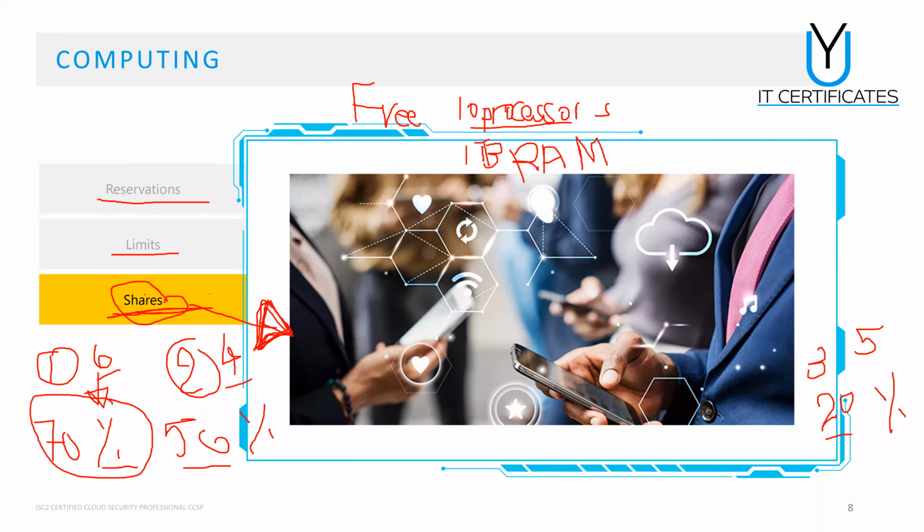Because by the end of the day, the cloud service provider shares resources between customers: the minimum resources to be provided, the maximum resources to be provided, and how to share the resources if they are not enough for all the customers. These are simply the definitions of these terminologies.